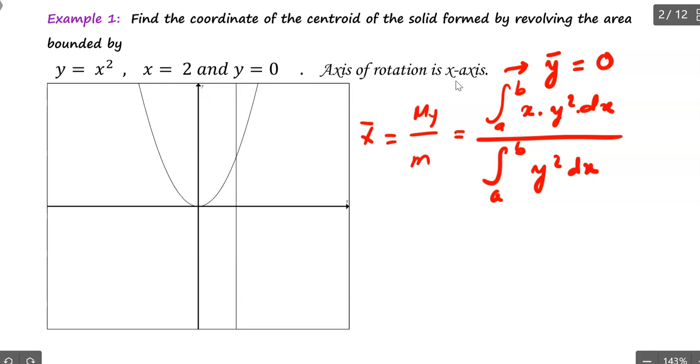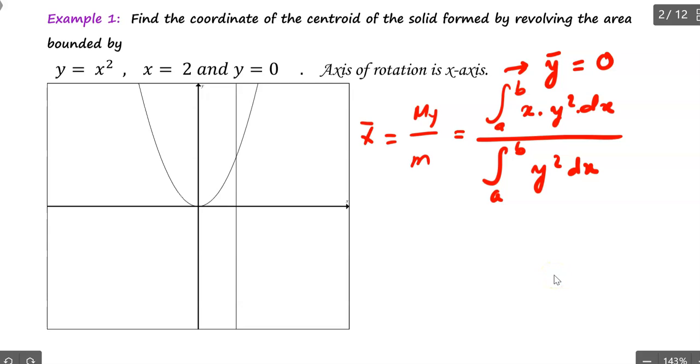Okay, so what I'm going to do is asking everyone to shade the area again. Okay, so it's very important. And then identify the upper and the lower limit as well, and what element that we are going to use. So in this case, we are going to use the vertical element.